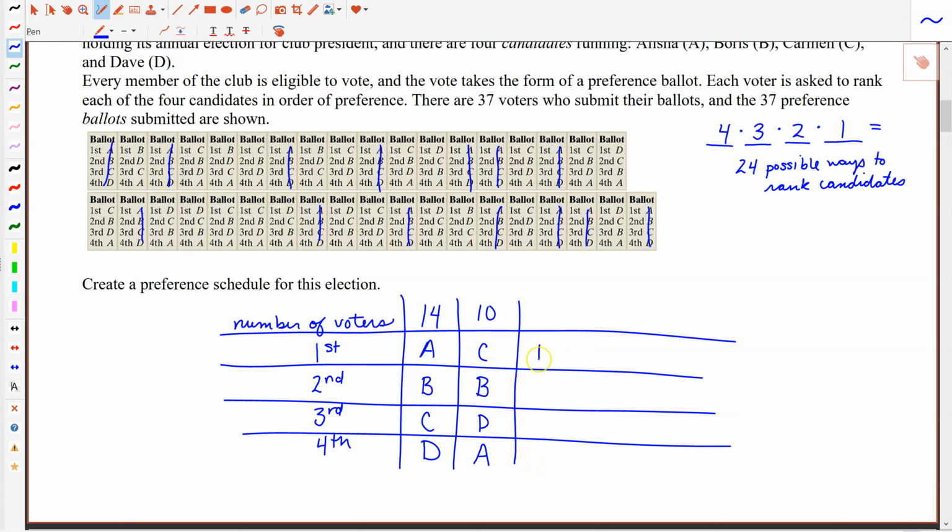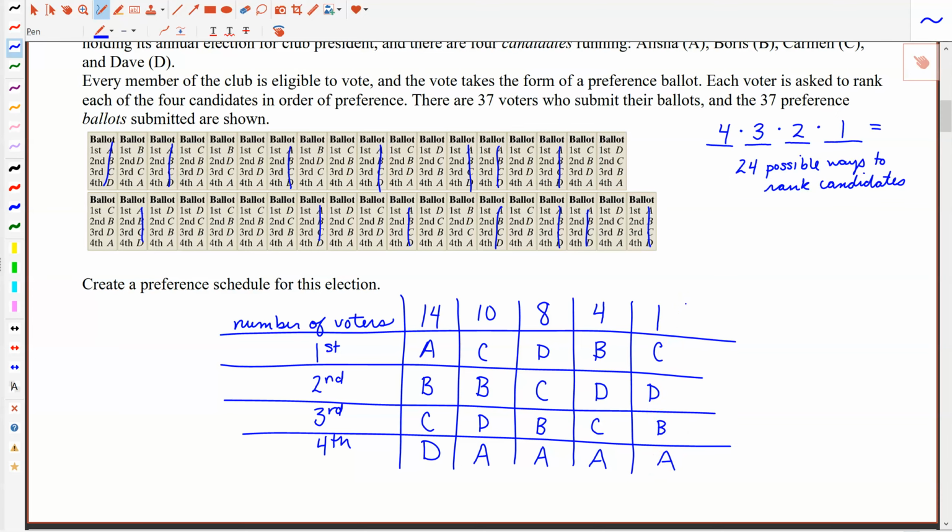Another type of ballot is D, then C, then B, then A. There are 8 people that voted that way. Another type of ballot that occurs is B, D, C, then A. There are 4 people that felt that way. And then finally, C, D, B, then A. And there is 1 person that felt that way.